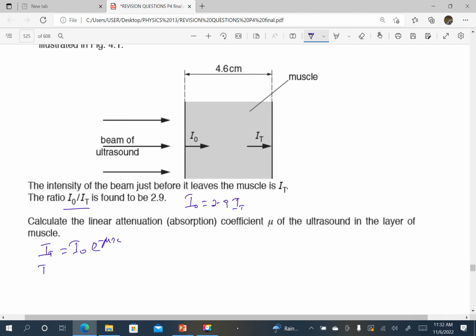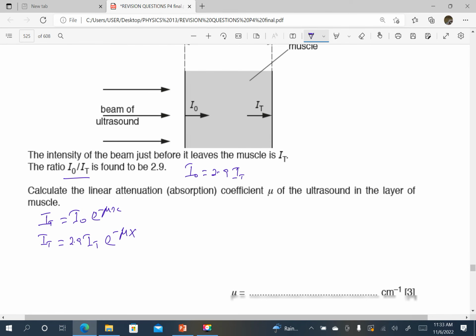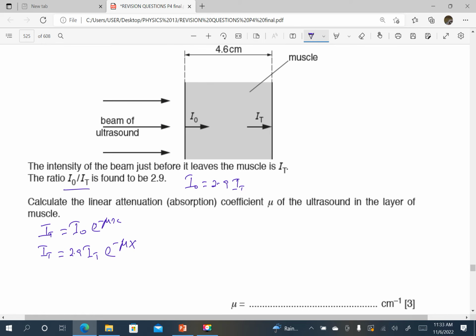So IT is going to be equal to 2.9 times IT e power negative mu. We don't know mu, but x is, since we want mu per centimeter, I will not convert x. So x is going to be 4.6 centimeters.